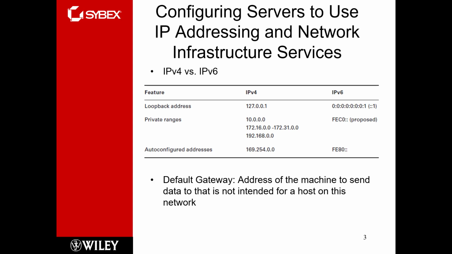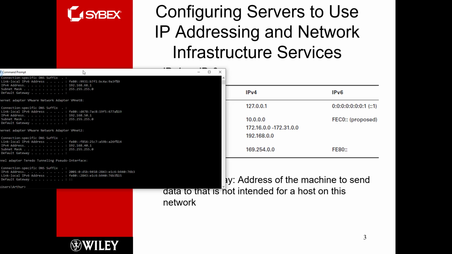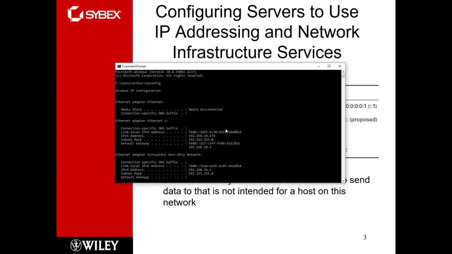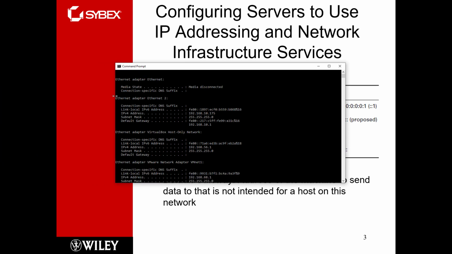So if you're doing an IP configuration on a Windows machine, you should notice that if you have your actual adapter, you should have your IP address, and it should be a private address typically. Again, NAT is involved so that I can get internet access. But I'll have an FE80 address. And you'll notice even my default gateway is an FE80 address.